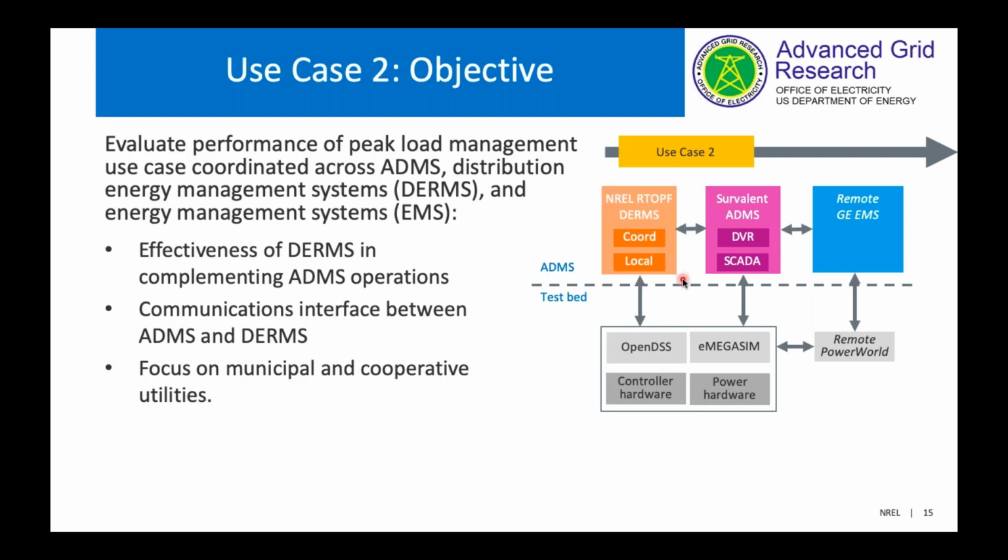This manages behind-the-meter assets, so customer-sided PV, EV (electric vehicle), batteries, air conditioner, and water heater is what this DERMS can control, whereas the Surveillance ADMS can control legacy devices, voltage regulators, and LTC, load tap changer.